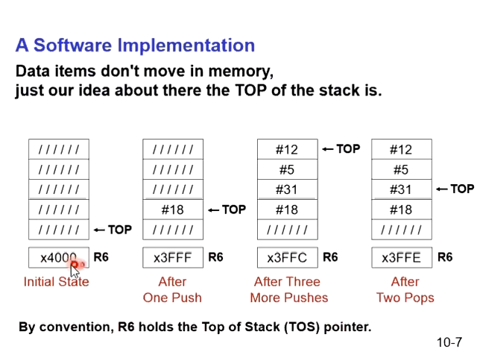With the figure, firstly we say R6 is the stack pointer, so now we're storing the value 4000. This is the address of the bottom. Okay, so we have 4000, 3FFF, 3FFE, 3FFD, 3FFC, and 3FFB. That means we have four locations in stack, and we can use them to store our data items.